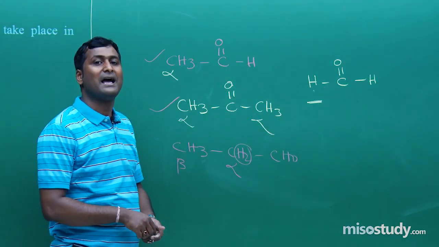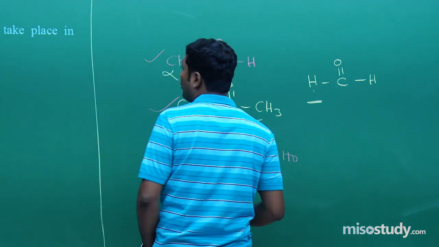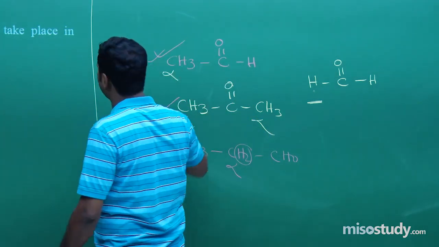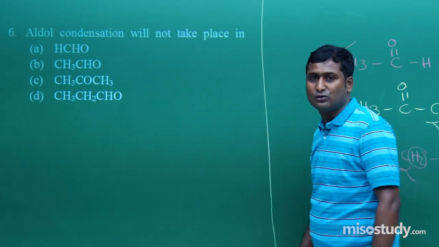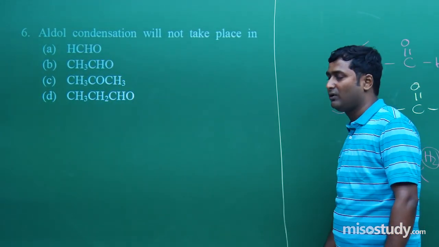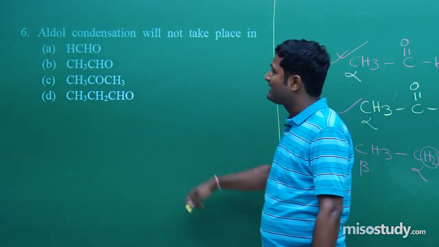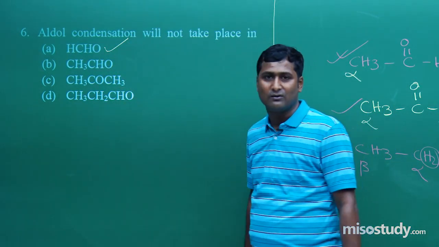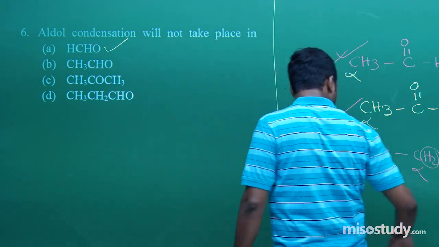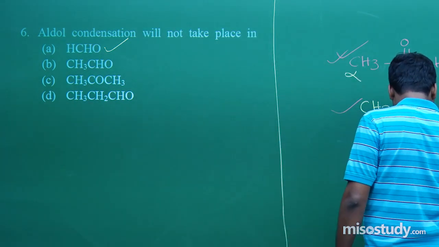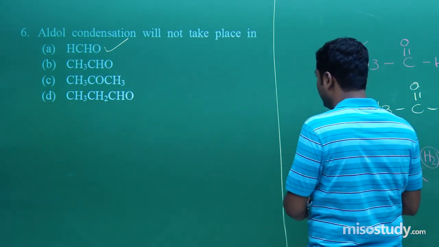So it does not have alpha hydrogen. If it does not have any alpha hydrogen, then we can say it will not show aldol condensation. So for question number 6, A is the correct option. Clear? Now friend, I'm going to erase this part and we'll discuss the next one. Wait for a moment.